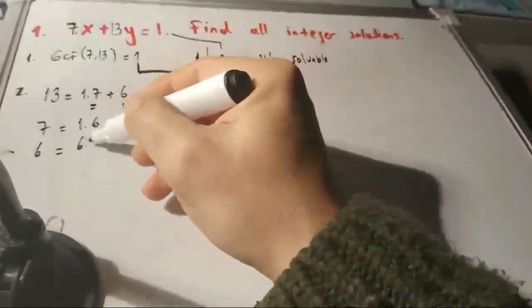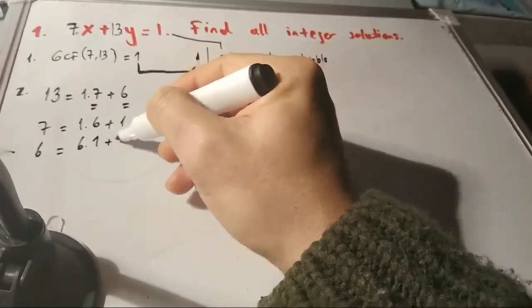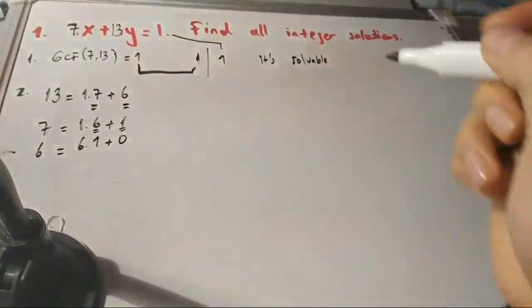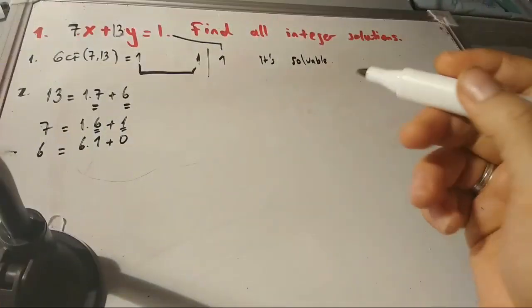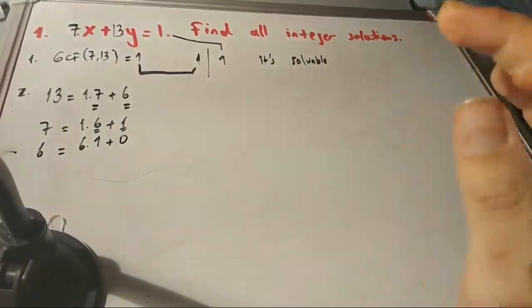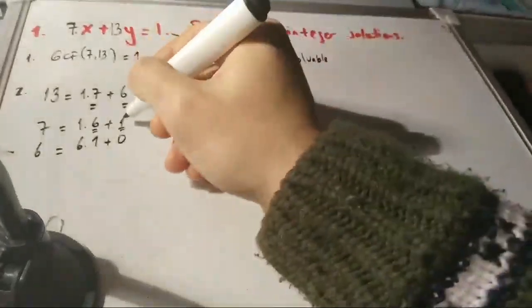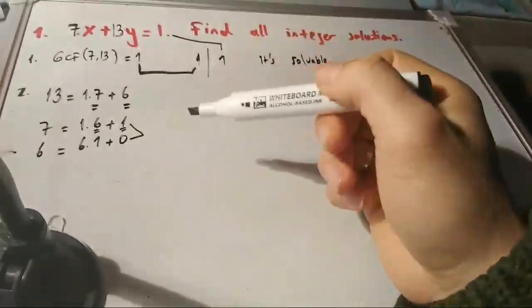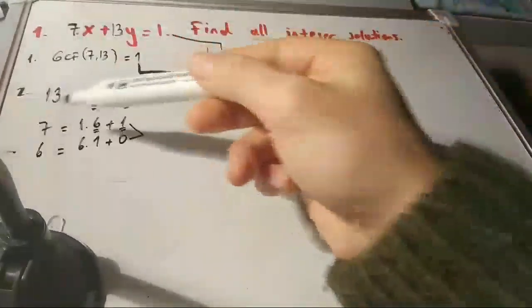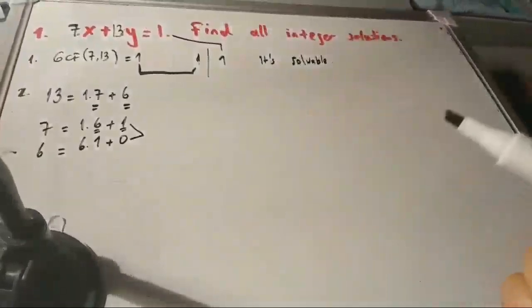And bring them over again. And 6 is equal to 6 times 1 plus 0. So we got a 0, then I stop, and just to emphasize, the number above the 0 is the greatest common factor. And also, we can find the greatest common factor of 13 and 7 by using the Euclidean algorithm.